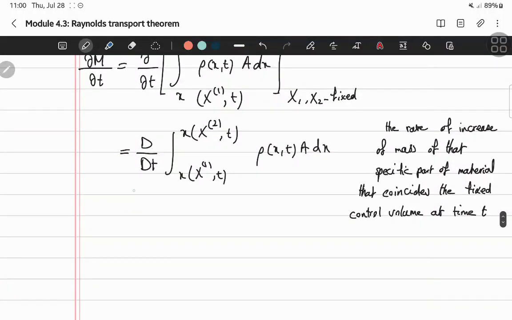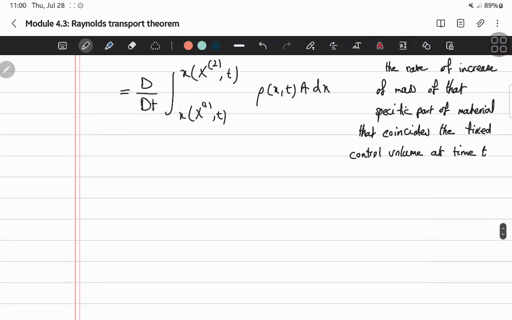So if we are able to calculate this integral, then things will get easier. And this is only for one scalar value, which is rho. But if we replace this rho with a tensor, then we can develop other equations, derive the Reynolds transport theorem, and use it to solve some problems.